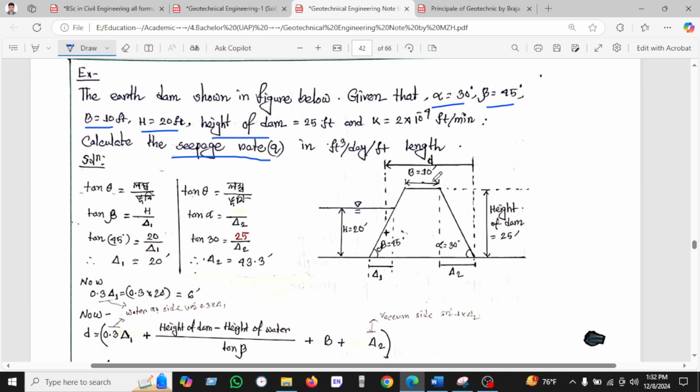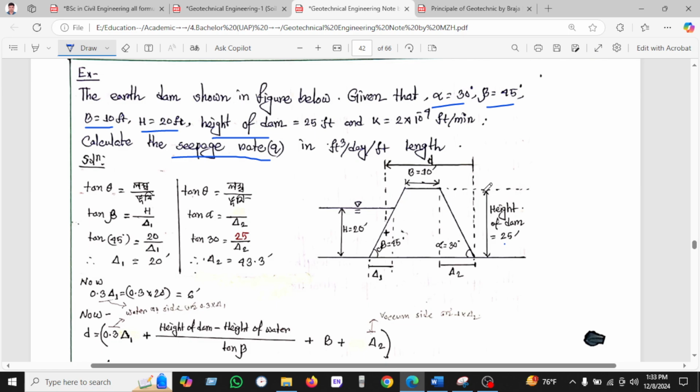The breadth is given as B equal to 10 feet, and beta here is 45, and H equal to 20 feet is the water height, and the total height of the dam is 25 feet. So we will use tan theta equal to height over length, tan beta equal to H divided by delta 1.